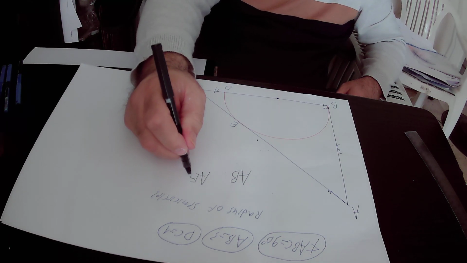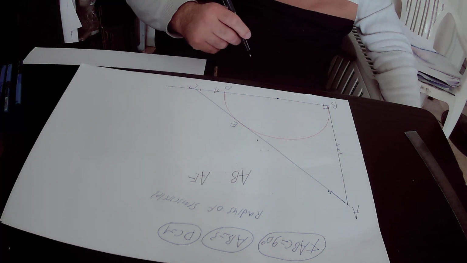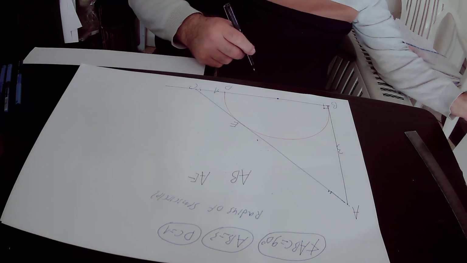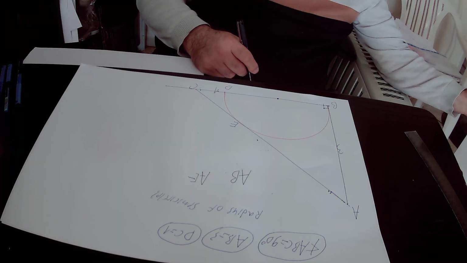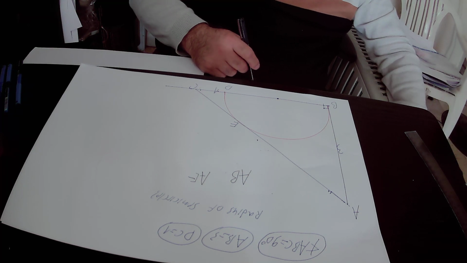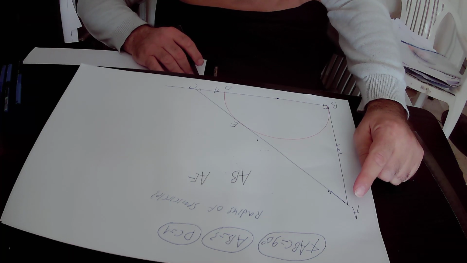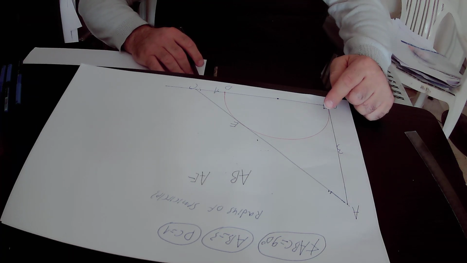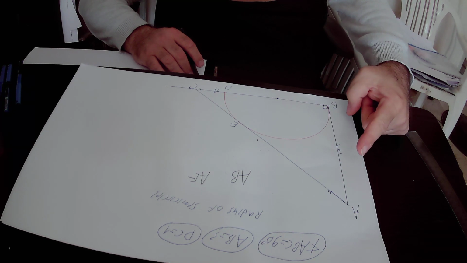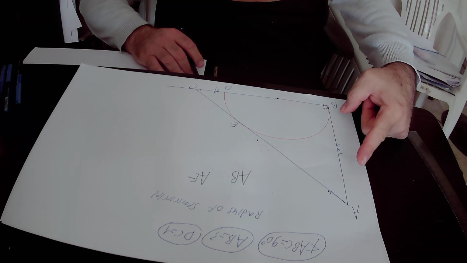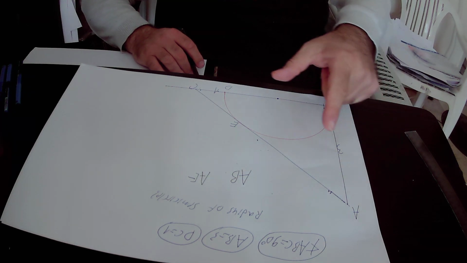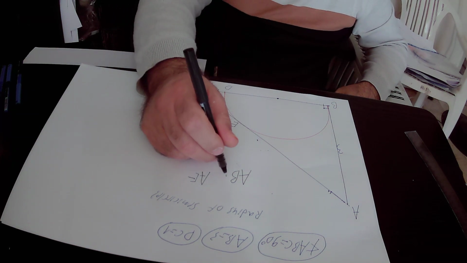According to the two tangents theorem, the lengths of two tangents from a common external point to a circle are equal. So the lengths of those two tangents will be equal to each other. That is to say, AB equals AE.